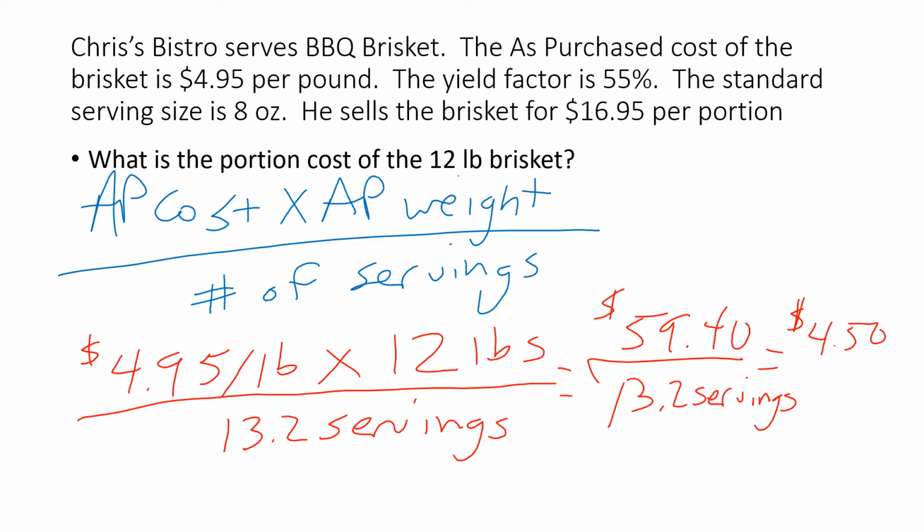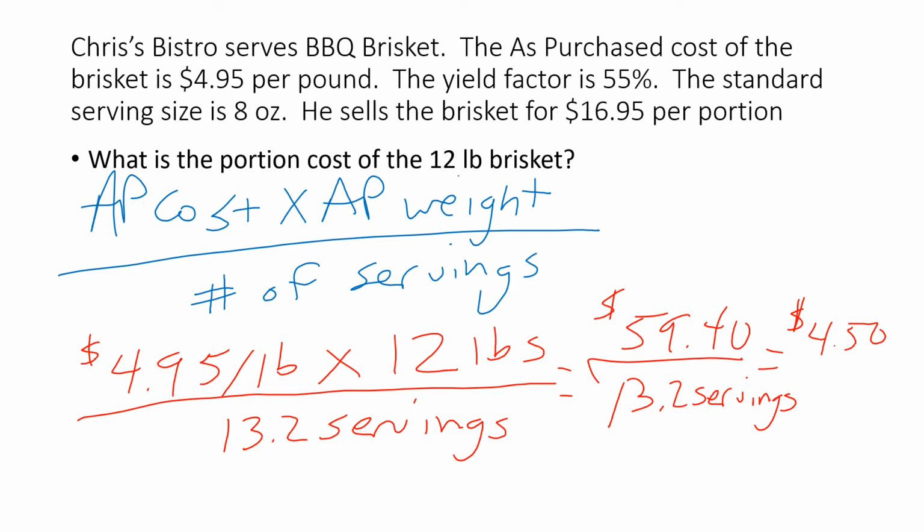I encourage you to do this step by step until it becomes second nature. All right, I've been doing this for so long that I can just type everything in my calculator without writing anything down. But if you're not at that point, this is brand new to you, write it down step by step, carry these steps over so that you can see where everything works and how everything goes, okay? Yes, sir, Victor. Portion cost.